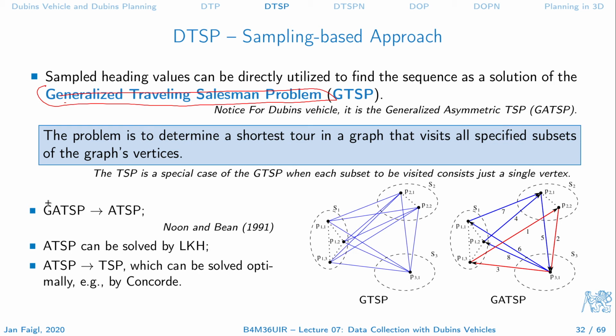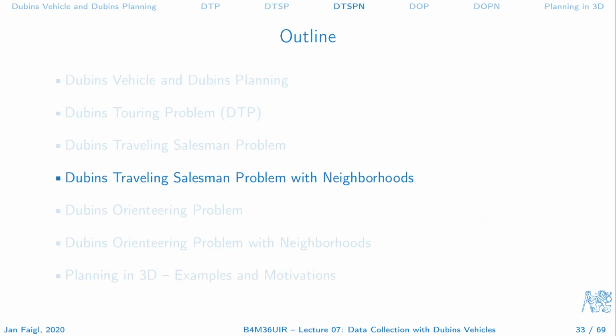Here it's definitely asymmetric TSP because it depends on the orientation, the direction of how we approach the location, and you already know how to transform GTSP to asymmetric TSP, and then you can transform it to TSP. Here actually the distances depend on the optimal connections between the configurations with the headings, so it's not Euclidean distance.